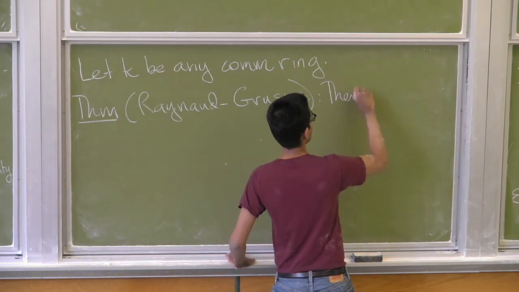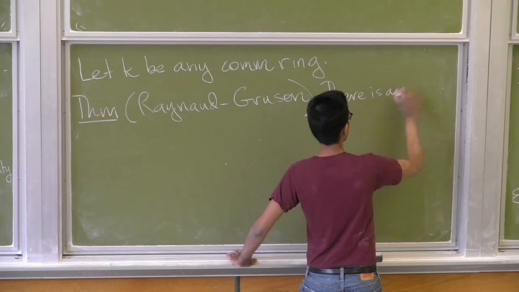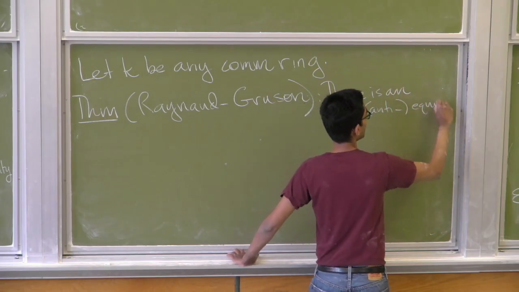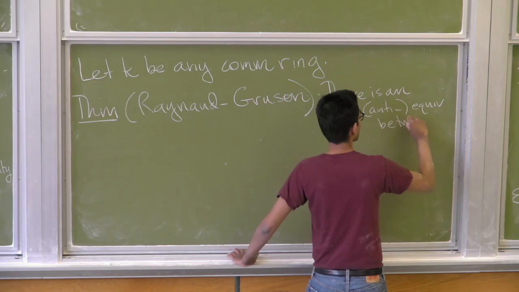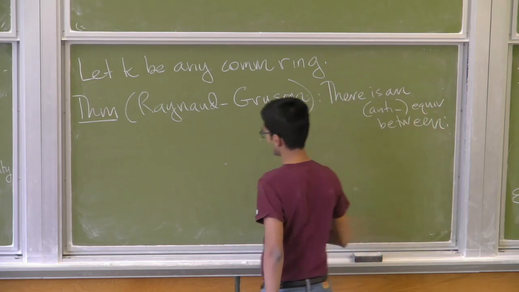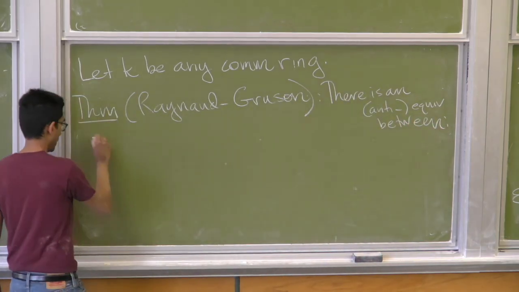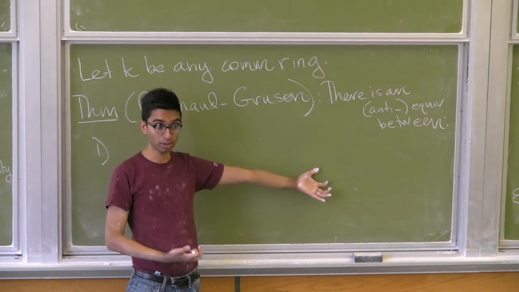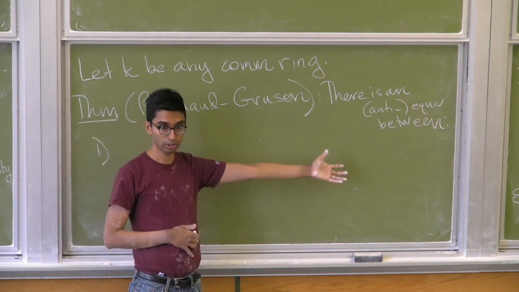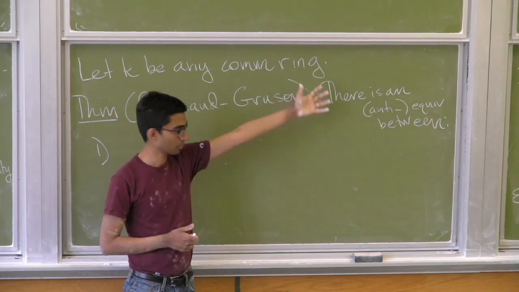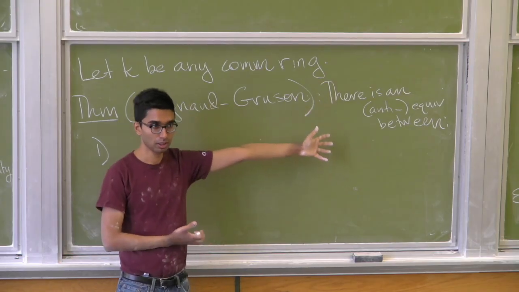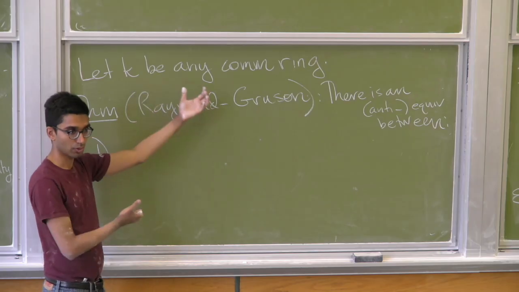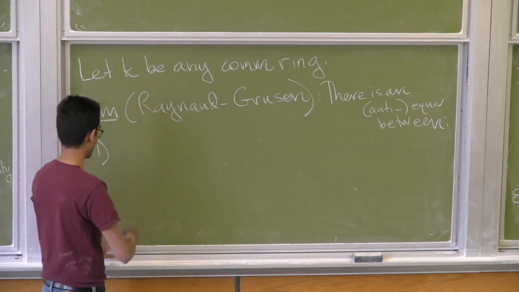There is a possibly empty equivalence. So on the one hand, we're going to consider countably generated projective k modules. For arbitrary k, a natural thing is to consider countably generated projective modules.